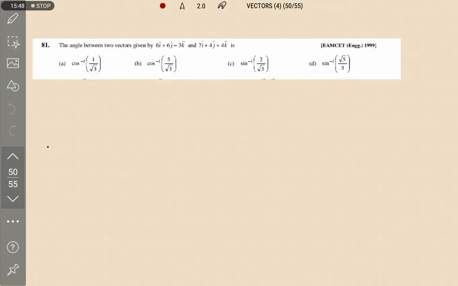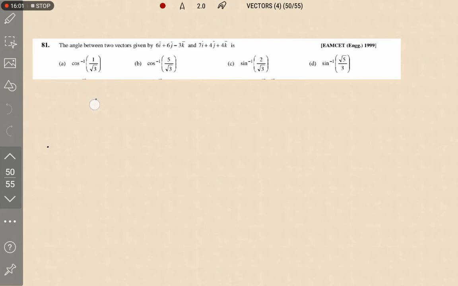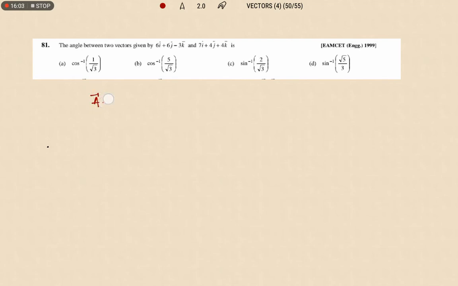Right, next one. The angle between the vectors given, 6i plus 6j minus 3k and 7i plus 4j plus 4k. Let us find out. A bar dot B bar is equal to AB cos theta. So cos theta is equal to A bar dot B bar by AB.